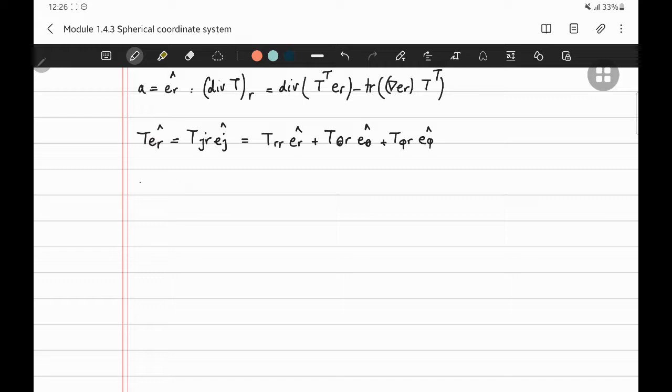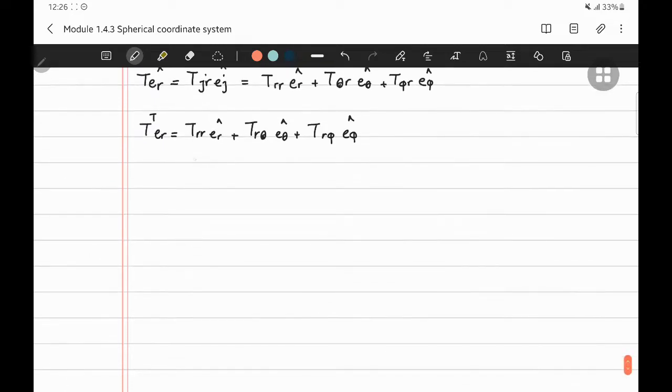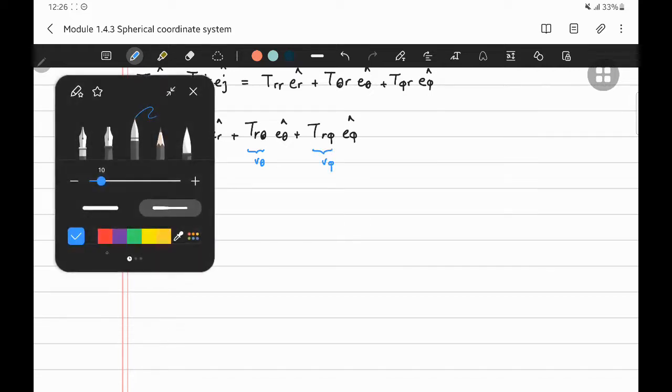So T transpose ER is nothing but T_RR ER plus, we swap this subscript here, T_R theta E theta plus T_R phi E phi. This is VR, this is V theta, and this is V phi.